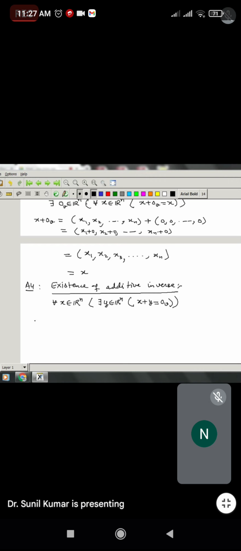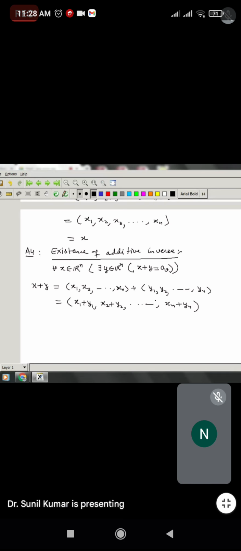Okay. So we start with x plus y. This is a very important part, right? So try to focus on how we can prove this. x plus y. What is our x? This is x1, x2, and so on up to xn, plus y. y is y1, y2, and so on up to yn.